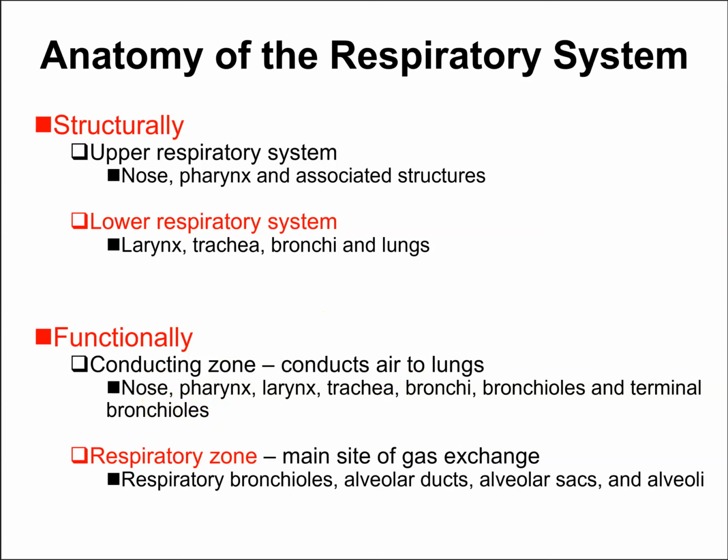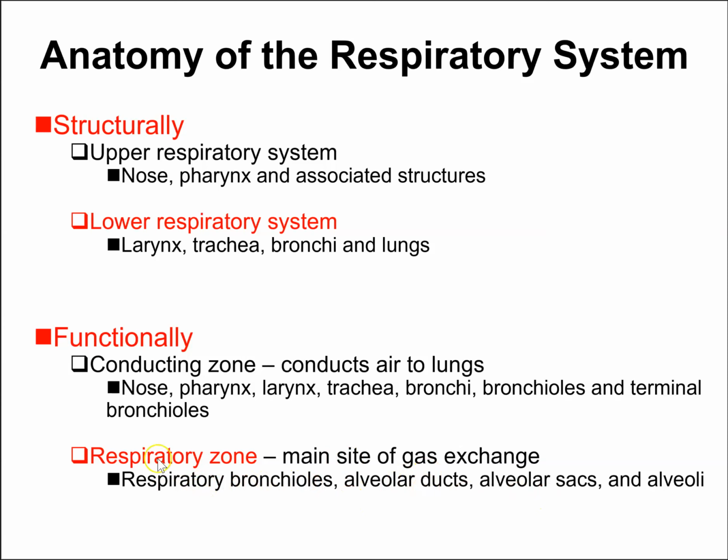The terminal bronchioles are all the way in here, but the terminal ends where actual gas exchange occurs are called the alveolar sacs and alveoli. And the final branch of bronchiole associated with the alveolar ducts are known as respiratory bronchioles.